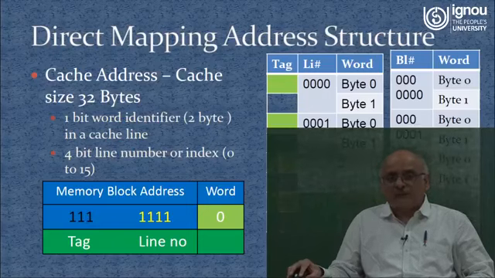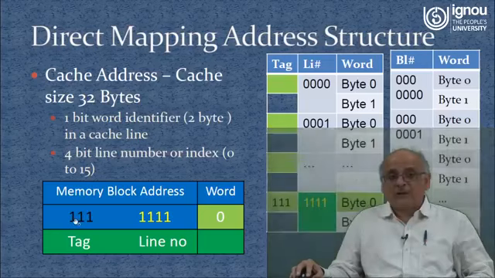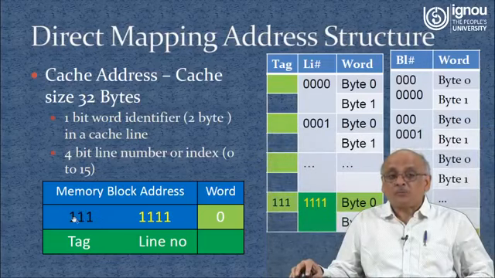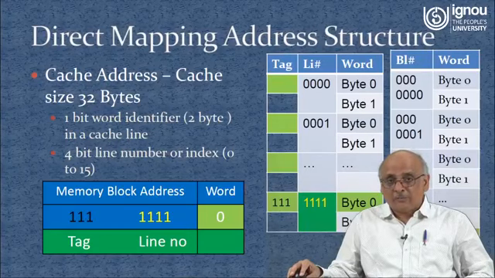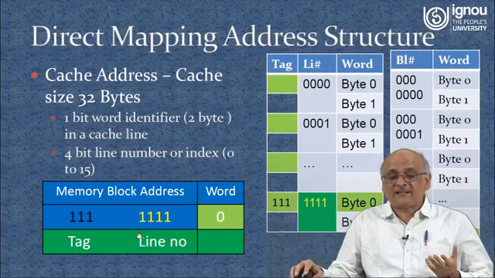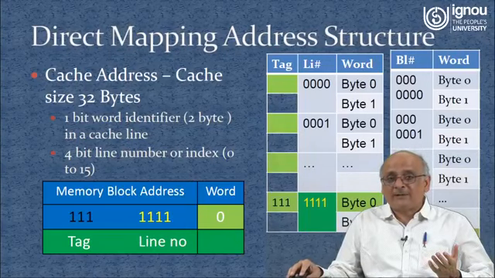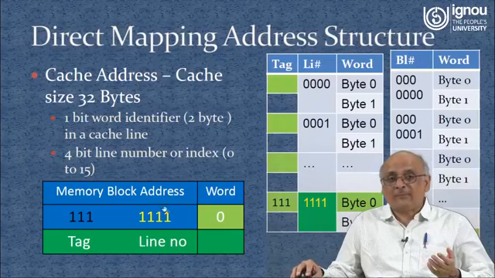There can be multiple possibilities: it can be all zeros, 001, 010, 011, like that. So 8 possible values are there for this tag number, which represents a different block of main memory which can stay in this particular location. Which one is presently here? It is this one, but there are others which can also stay in this cache location, because the cache lines are fewer and the memory size is larger. This is what the mapping is all about.